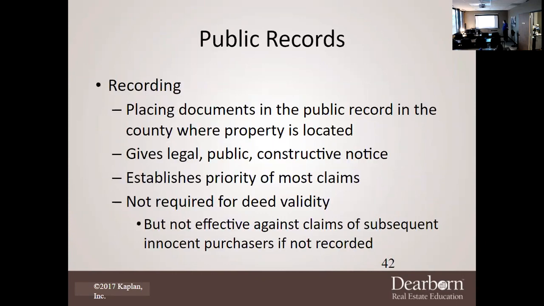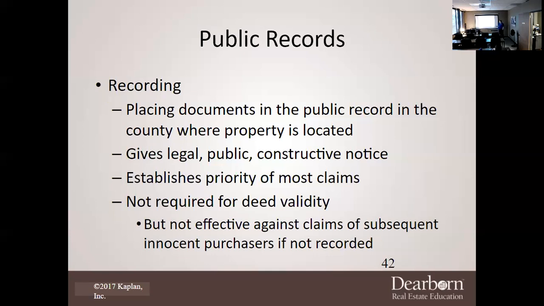I want to jump on in here into our public records. Okay? When dealing with recording, they are placing documents in the public record in the county where the property is located. It gives legal, public, constructive notice, and it establishes the priority of most claims. Now, it also is not required for deed validity.